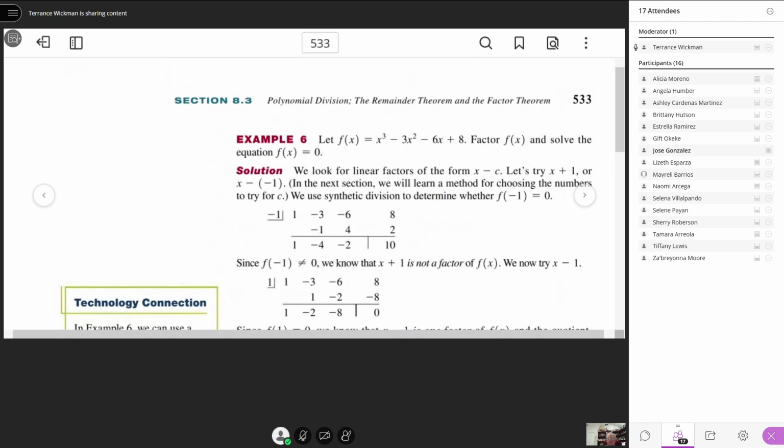Okay. It says now, let f of x equal x cubed minus 3x squared minus 6x plus 8, and solve the equation f of x equals 0. So look, the solution is, they say, try negative 1.